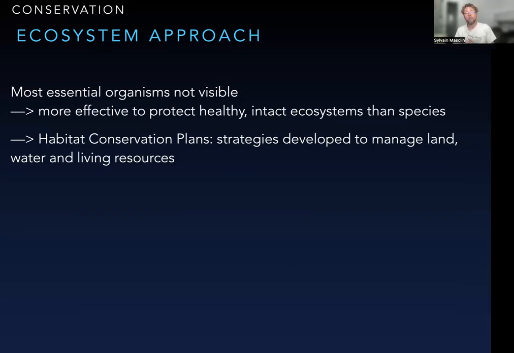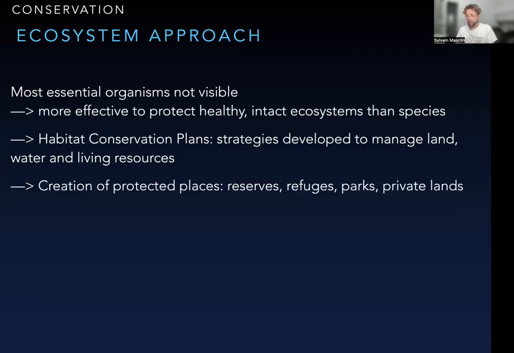So we're working on plans called habitat conservation plans, trying to see how we will manage the land, which surface will be protected, and how we'll deal with the resources available on site, the living resources. Then we're potentially creating a protected place, which, depending on the status and the funding, can be a reserve, a refuge, a park, or, if it's owned by someone, private land.